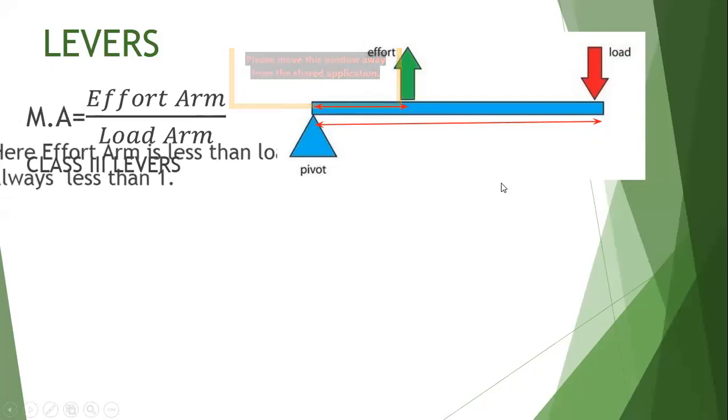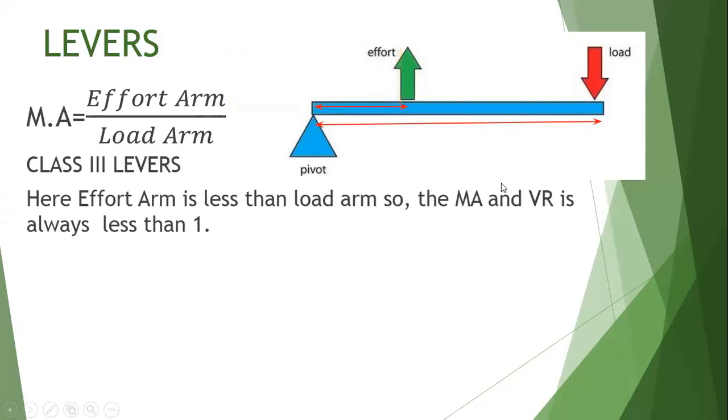So what we observe in class 3? You will always find that in class 3 lever, the effort arm is less than the load arm. The effort arm will always be smaller because the effort is in between the fulcrum and the load.